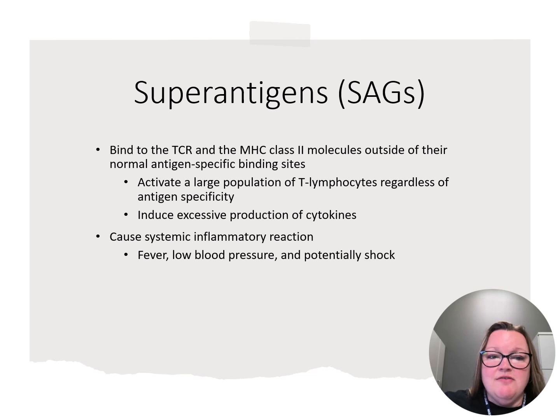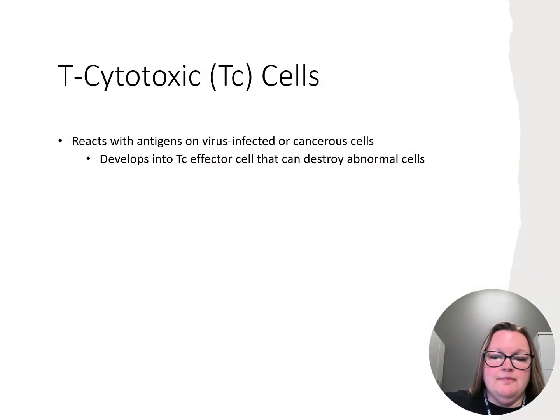It can include fever, low blood pressure, and potentially shock, which could be fatal. Some examples of superantigens are the toxins that are produced by staph and strep, otherwise known to cause toxic shock syndrome and food poisoning.